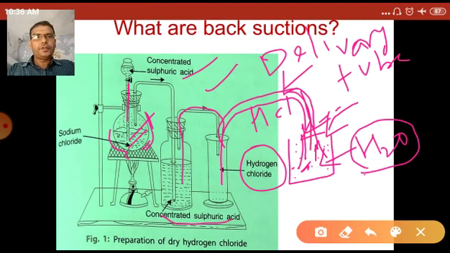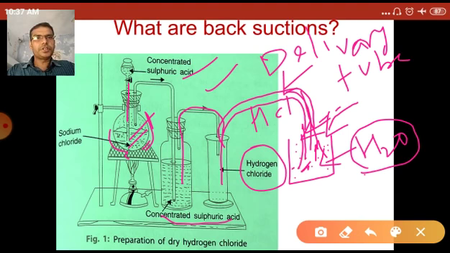Again, when the HCl gas passes into the water through a delivery tube, the rate of dissolution of the hydrogen chloride gas in water is much faster than its preparation.